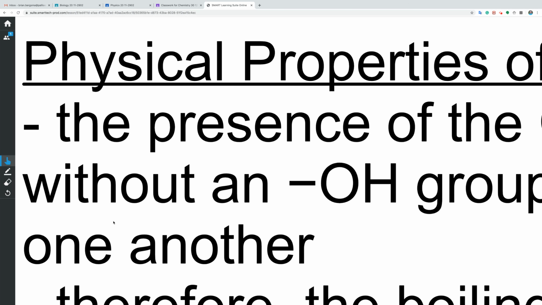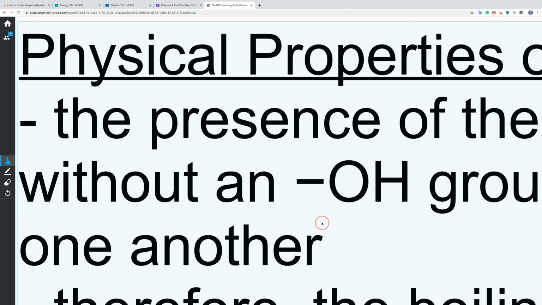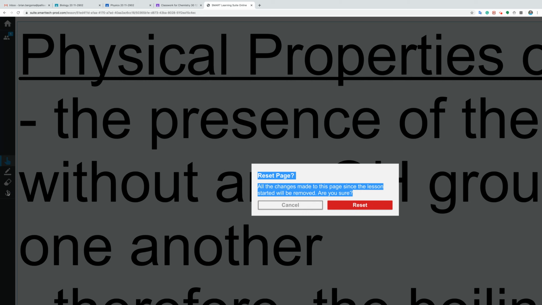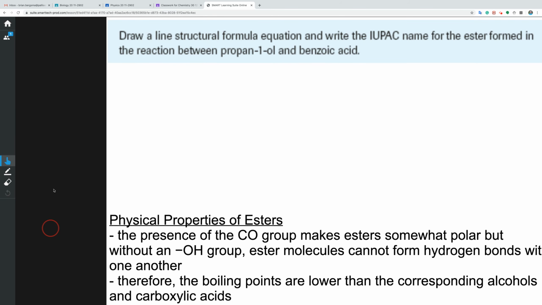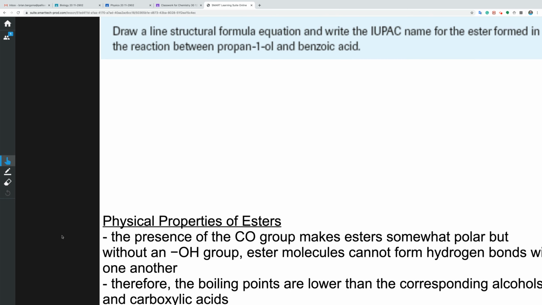Okay, physical properties. If I can zoom out here and figure out how to use this. Let's see, there we go. At least we can see a little more of it now until I mess it up again.